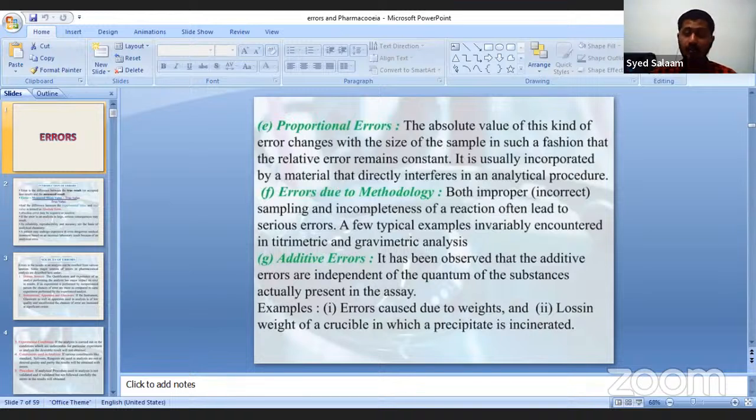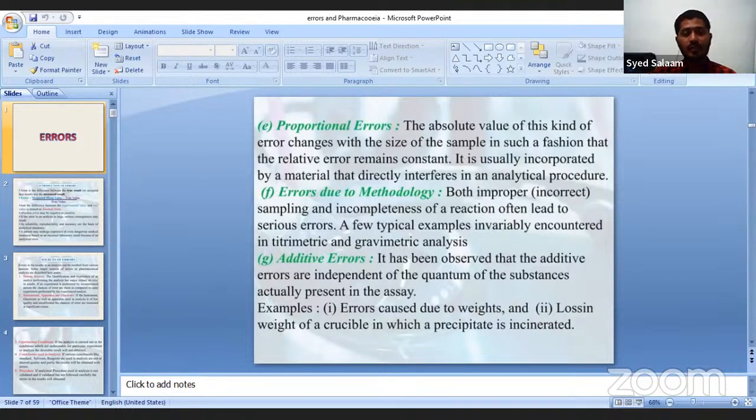We need to calibrate the instrument regularly, testing it randomly and regularly, because many instruments are not in use. So what happens is we don't perform the calibration, and suddenly when we need to perform an experiment after a long time, there might be a chance of error happening.